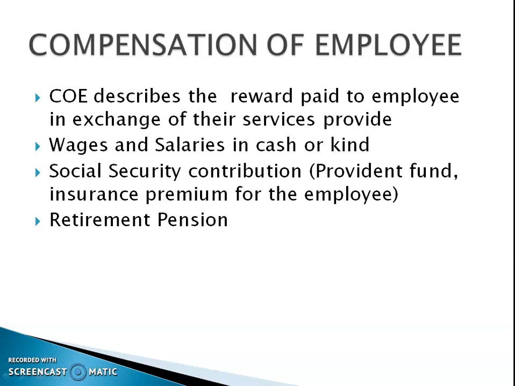Salary in kind includes various facilities like medical facilities, food and uniform provided by the employer, etc. And social security contributions like provident fund, insurance premium for the employees, etc. And also it includes retirement pension.